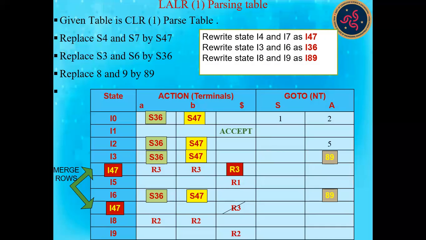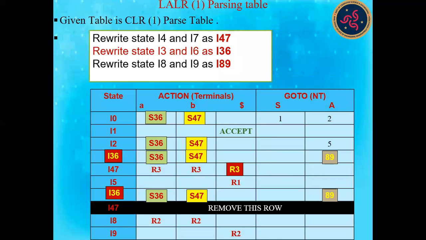No information should be lost. So R3 is placed here. All the information of I4 as well as I7 is now represented in this row. Next, we can remove the other row.